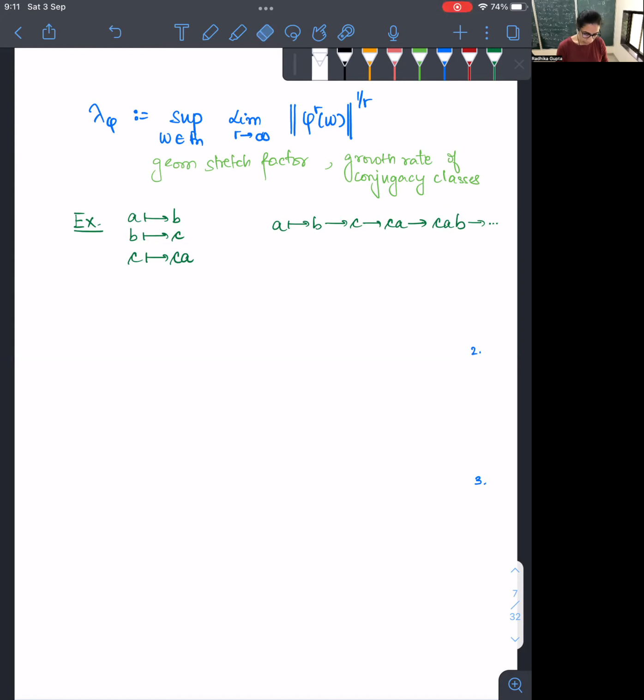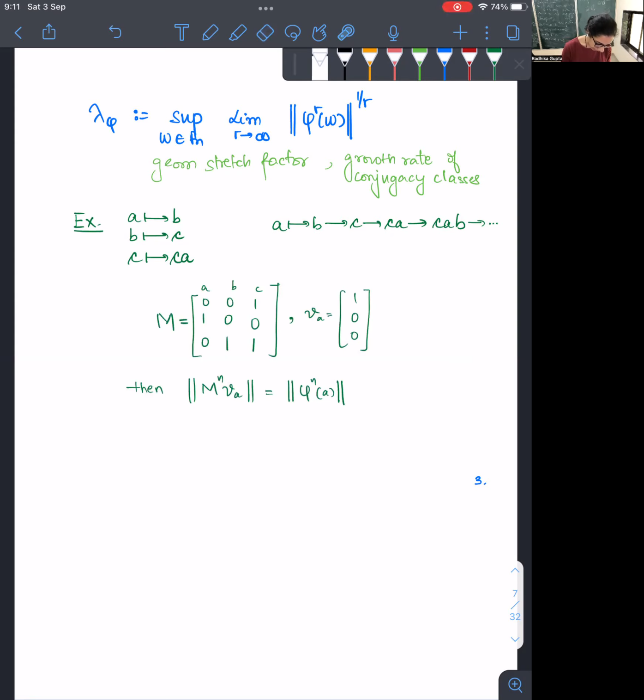So one way to compute this growth rate is to use matrices. I can write a transition matrix for this automorphism, where a maps to b, then b maps to c, and c maps to c a. So I just keep track of where each element maps via this matrix. And then I think of the vector (1, 0, 0) as the vector corresponding to the element a.